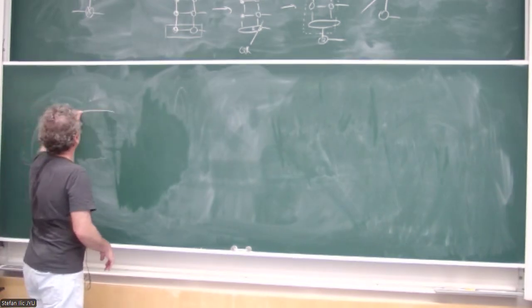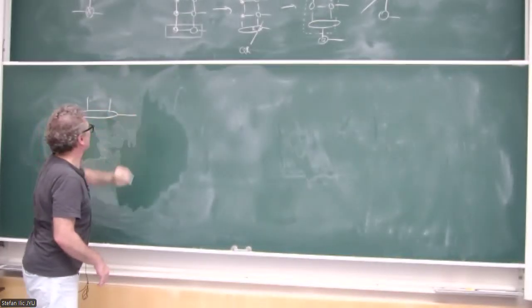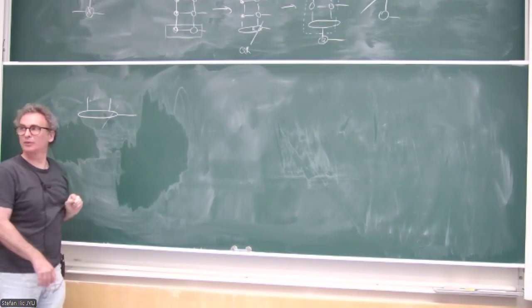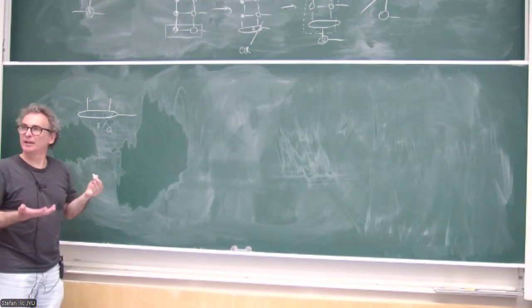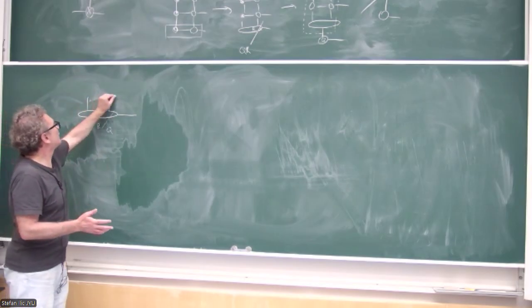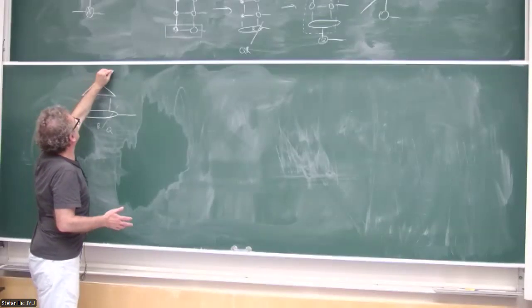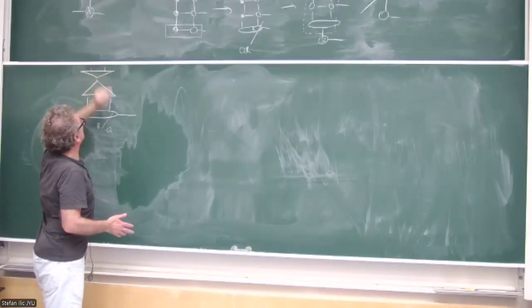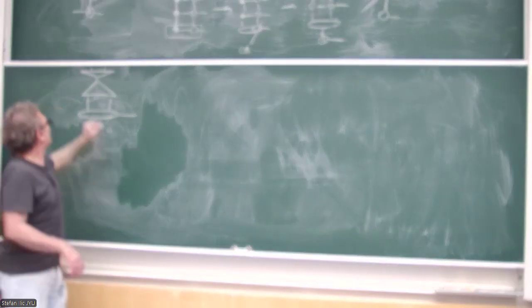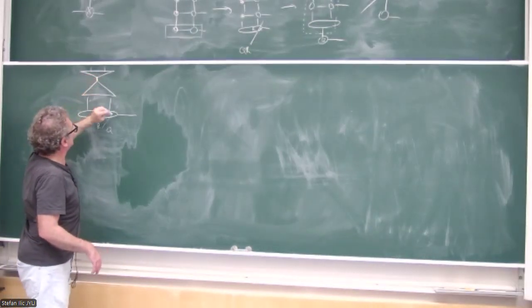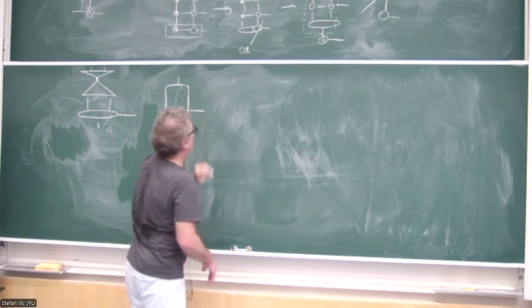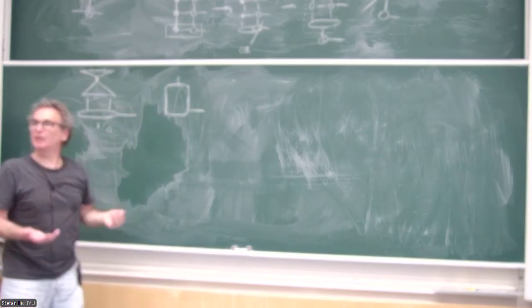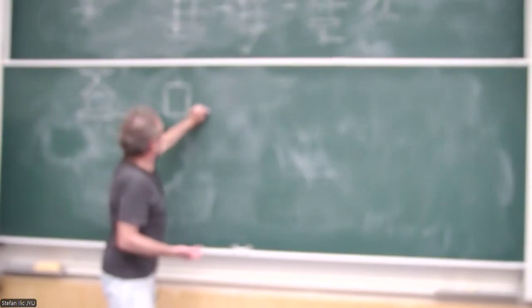I have this guy like this, and I say I want to do that with QR, putting the Q here and the R here. What I mean is, first you fuse these indices together. Then this object is a matrix.